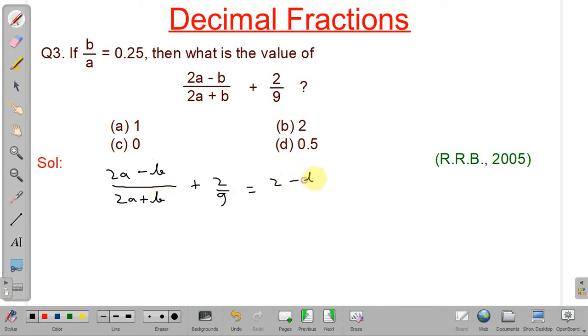So 2 minus b by a divided by 2 plus b by a plus 2 by 9, and b by a is equal to 0.25.